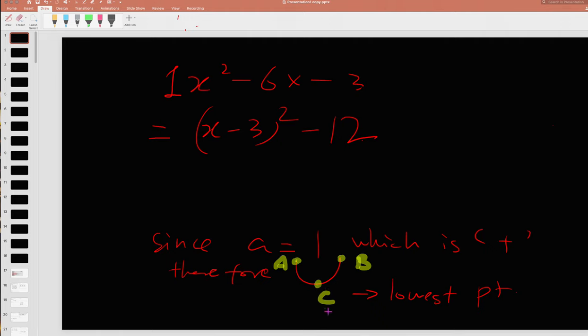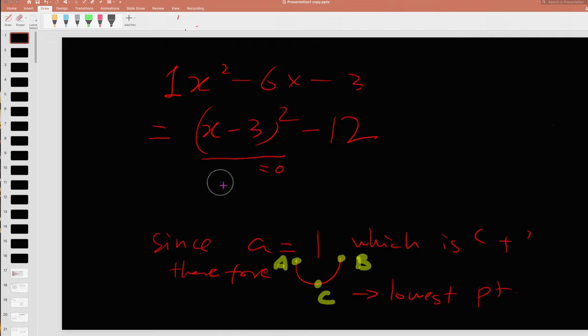So what's the lowest value when you have something squared? Can it be positive or not? Can it be negative or not? No. When you have something squared, it cannot be negative. So the lowest value for this is 0. So how do you get this equal to 0?